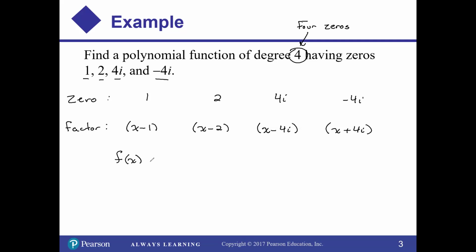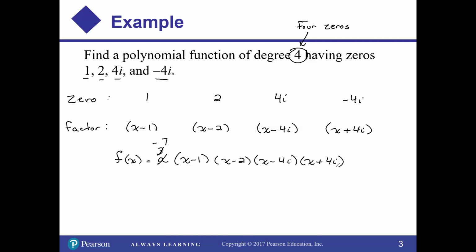So we would have a polynomial. We're going to put an a out front, and we'll explain that a in a second. Essentially, it will look like this. The reason we have this a is because it could be several numbers. It could be 3 times all these factors, or -7 times all these factors.